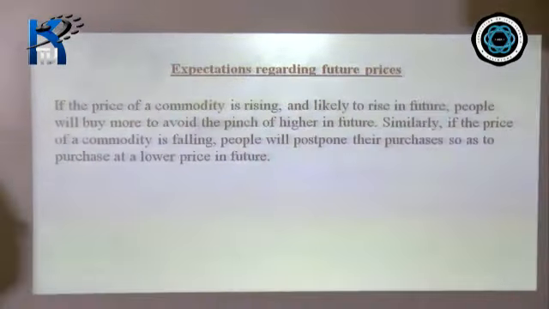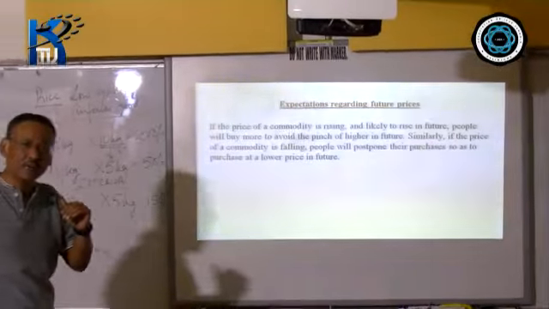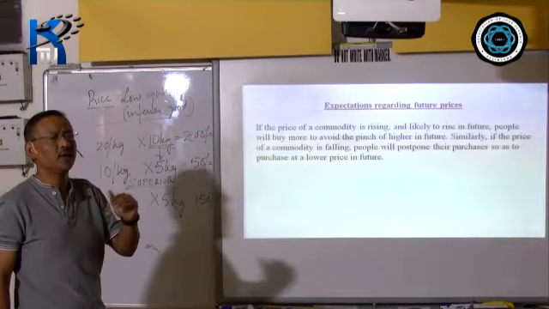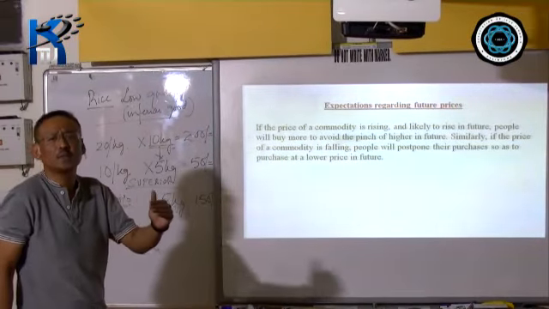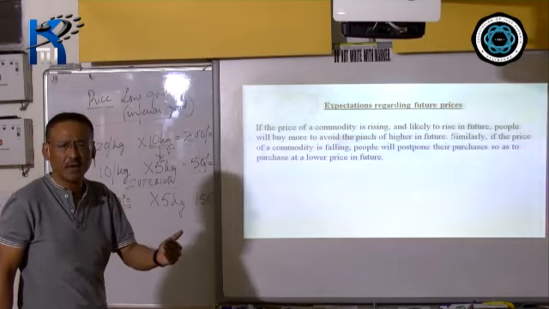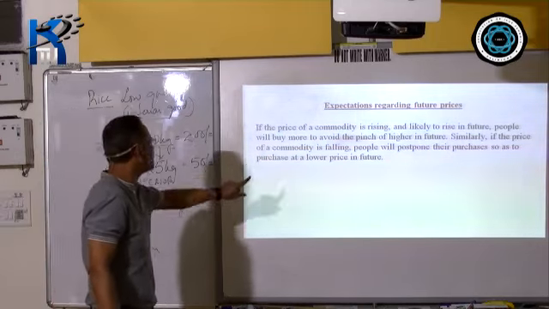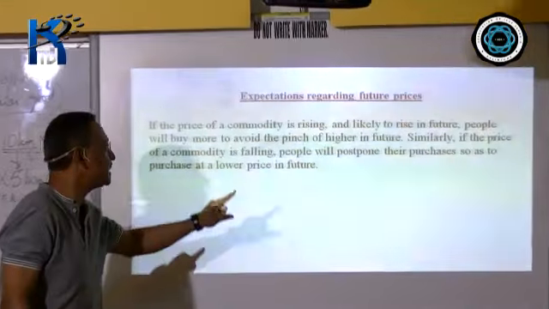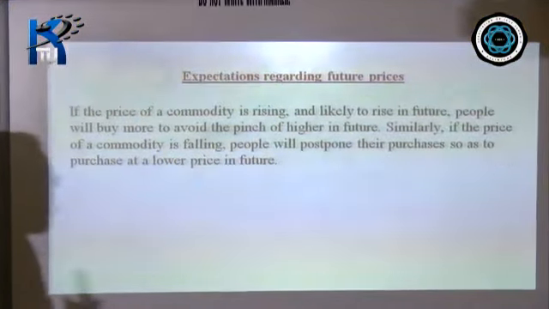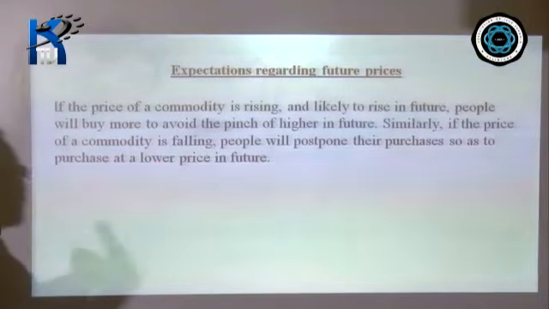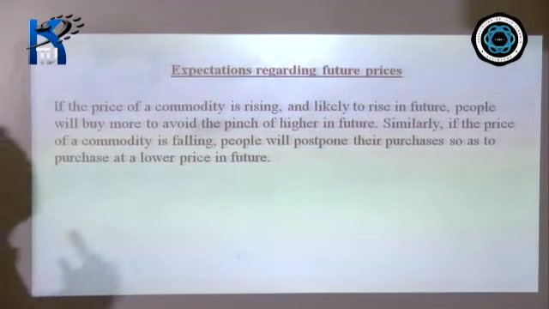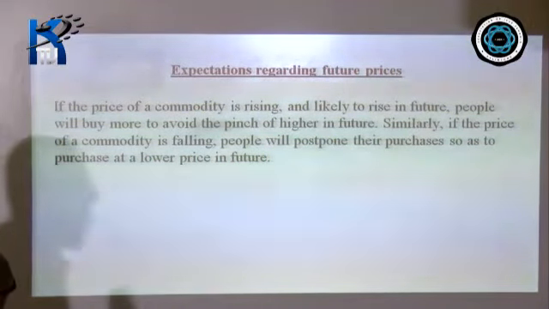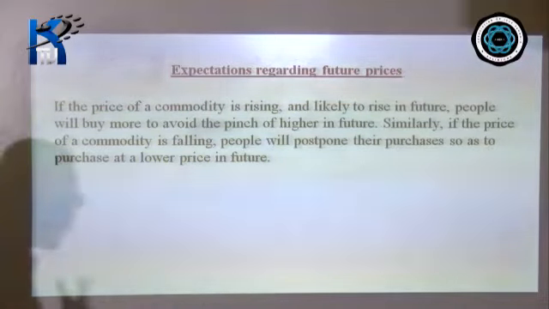Otherwise you cannot explain what happens to the quantity demanded when the price remains the same. And very importantly, you have to say, if the price of a commodity is rising, that means the price of the commodity is already increasing. It is increasing and is likely to rise further. It is rising now, and in future it's going to rise more.